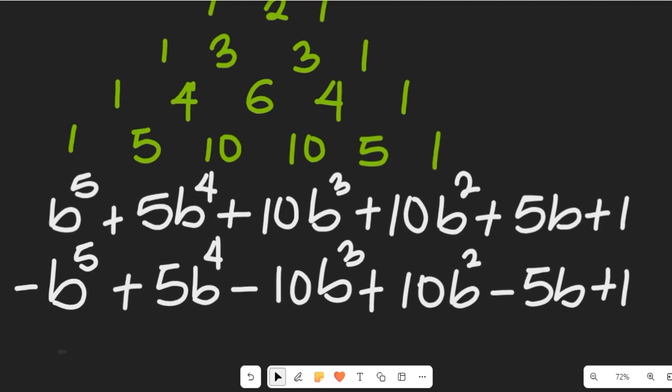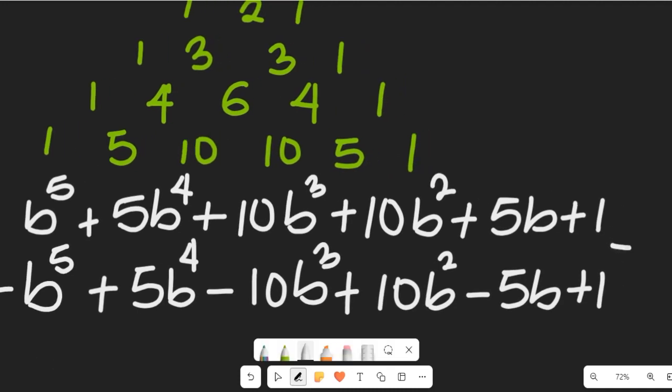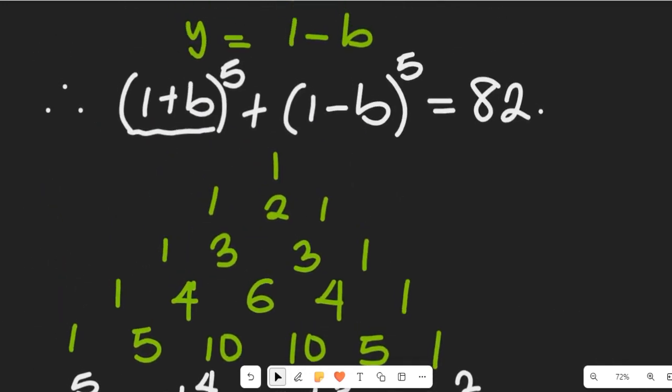And recall that these both will be equal to 82 according to that equation, right? Do you see that equation?